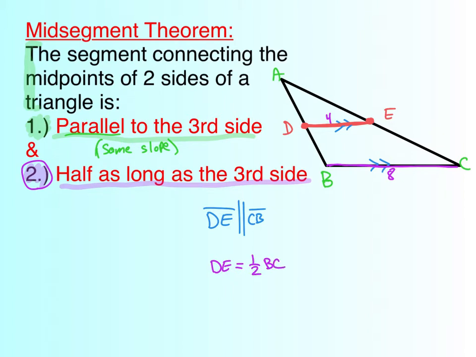Remember, when you talk about distance, we don't put the marking on top, because distance is only for a segment. The other way to write this is, instead of having to deal with fractions, I say, if BC is 8, I can say that BC would equal 2 times the distance of DE. I like to do it this way to avoid fractions, but you can do it the other way if you like.